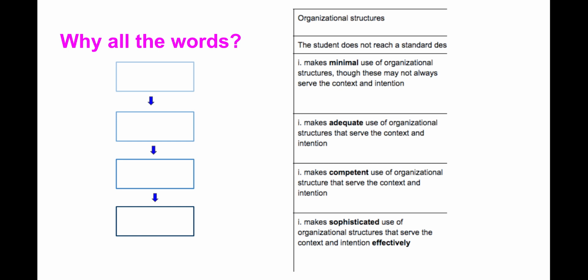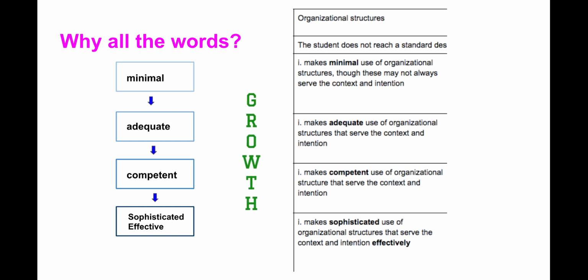Rubrics can at first glance feel overwhelming and very wordy. So make sure you're looking at the words that are in bold on your rubric. Those are going to show you the growth pathway for your students. And you can teach them to look for those words in the rubric as well. They're going to be different for different subject areas. So sometimes they're quantitative, how much of the skill is a student showing?